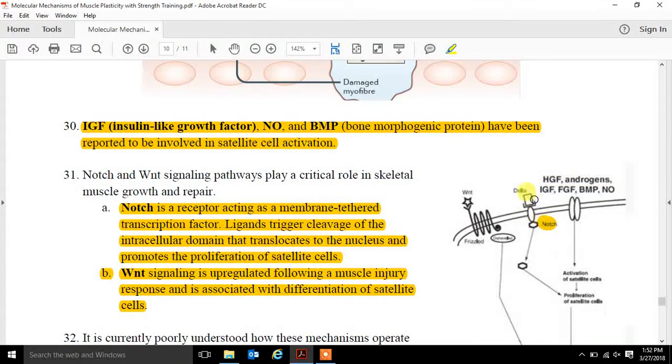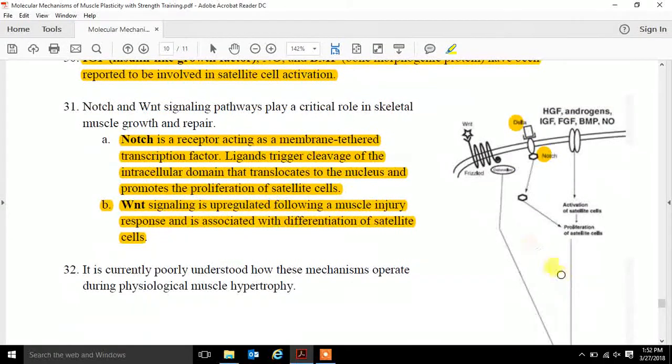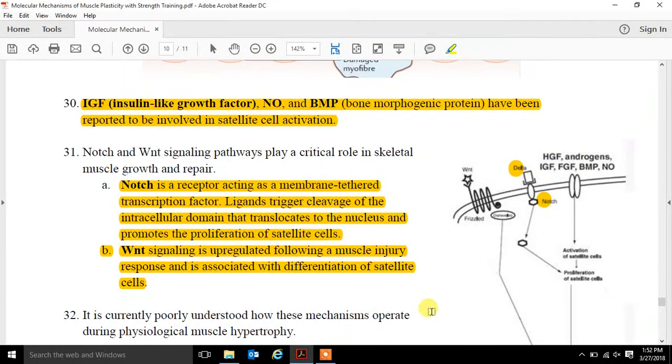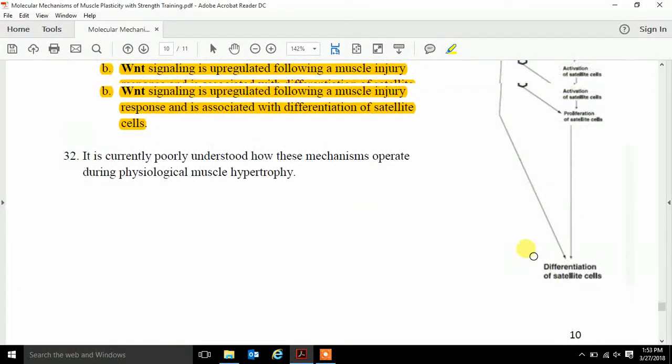Here's our Notch, we get some ligand that binds, it has an intracellular domain that pops off, translocates to the nucleus, and gives us our differentiation of our satellite cells. The WNT signaling, we see this following muscle injury, and the response is associated with differentiation of satellite cells. So here's our WNT, with some known receptor here, and differentiation.